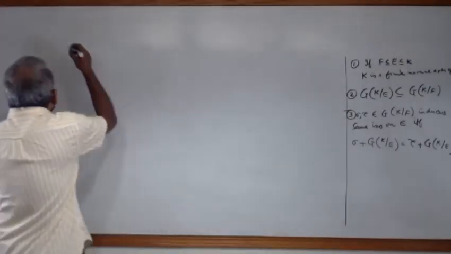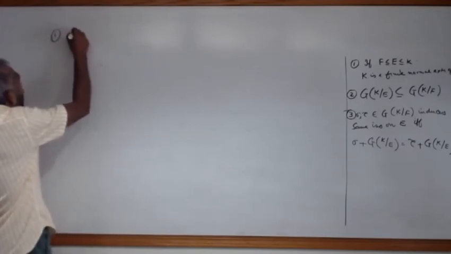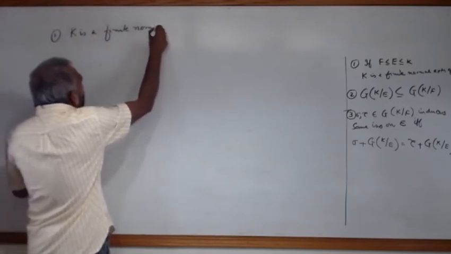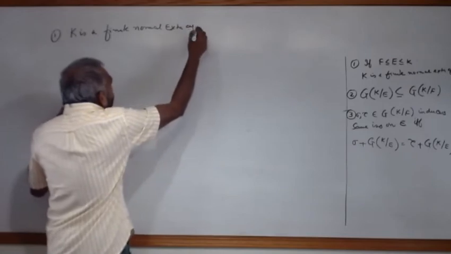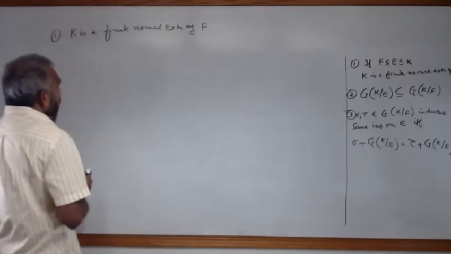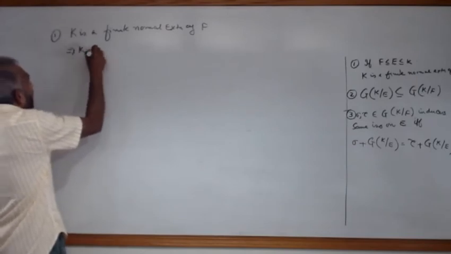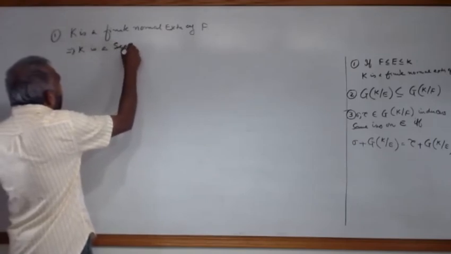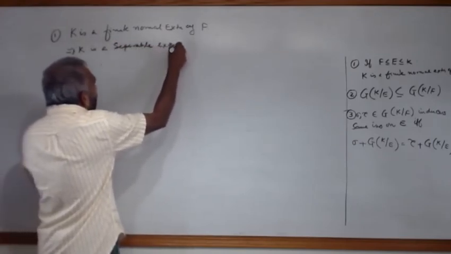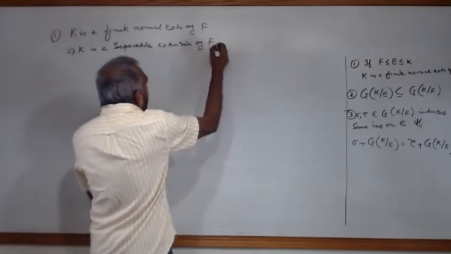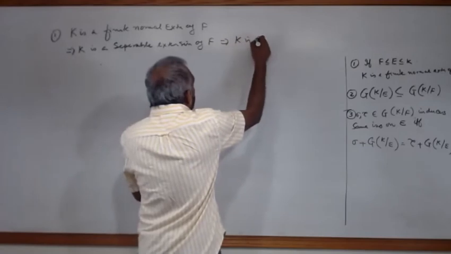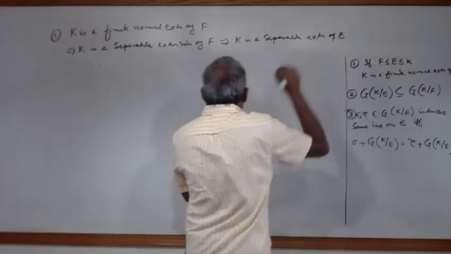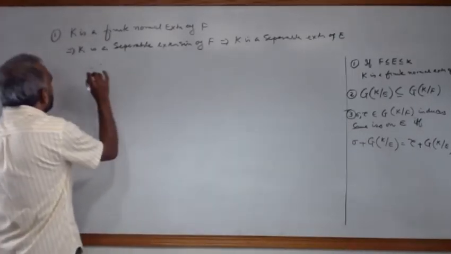First one: K is a finite normal extension of F, and that implies K is a separable extension of F, and that implies K is a separable extension of E. All are finite, so I'm not even considering finite.